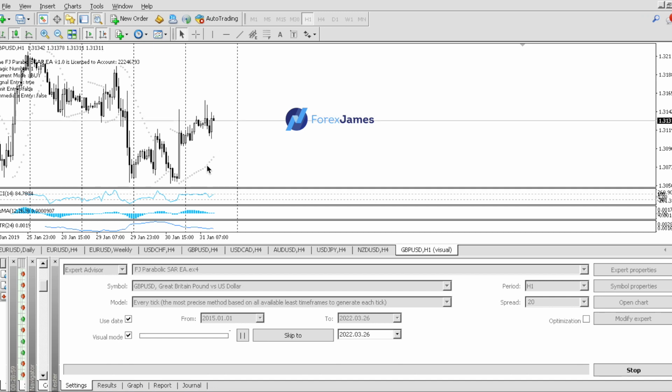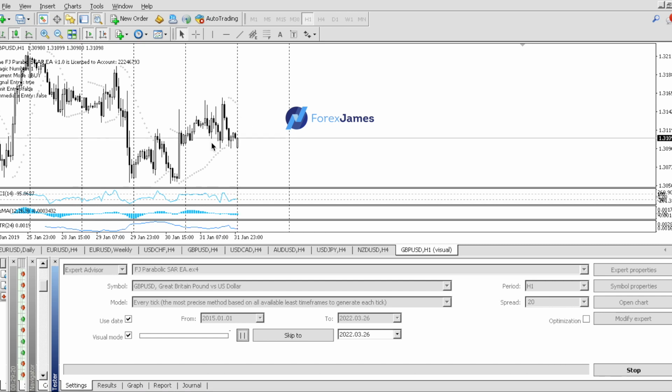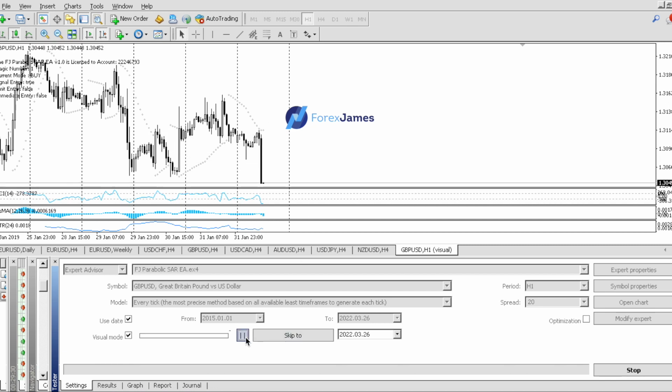So we're in an uptrend. On the left side here, you can see that we're looking for buy. Signal entry is set to true, the rest to false. So we need to see this dot up here. So we're in a downtrend and we're waiting to go up. Once price hits top dot, we'll get into a long.